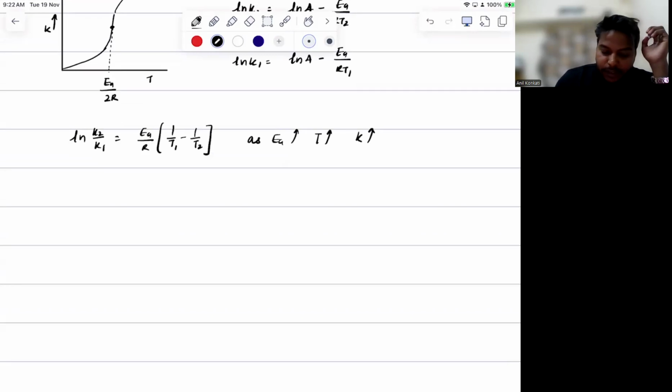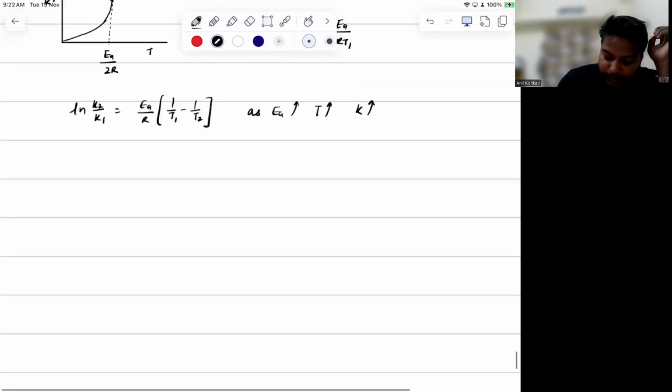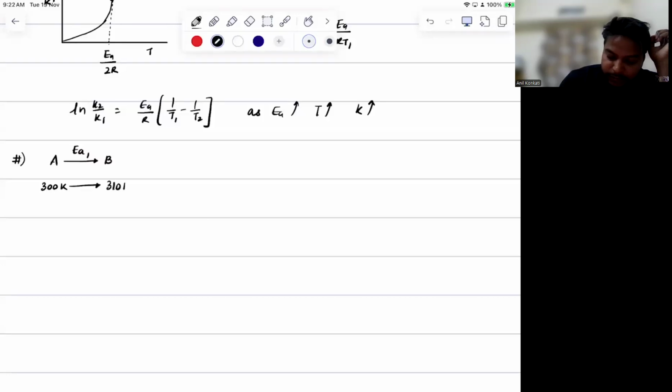Yeah. Another thing which has been noticed is this one. Suppose A is giving B in a reaction, it has an activation energy EA1 here, and this is happening at temperature 300, and as I'm rising towards 310 kelvins here, and in another equation here we are having C giving B here, but here we are getting this product with an activation energy EA2.